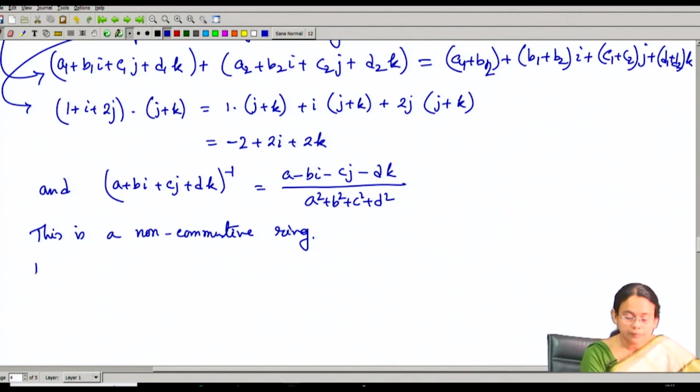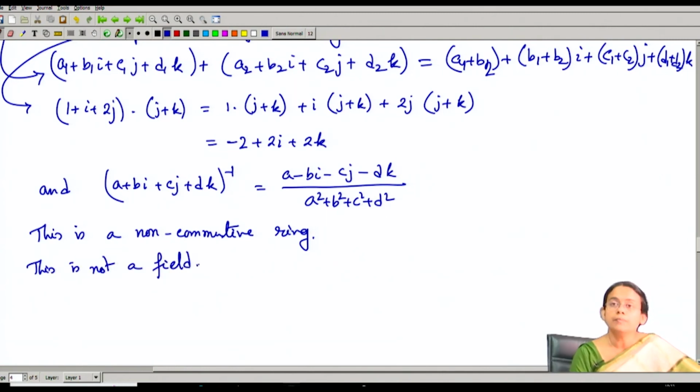So, this is not a field because though every element has a multiplicative inverse, the multiplication is not commutative, that is why it is not a field.